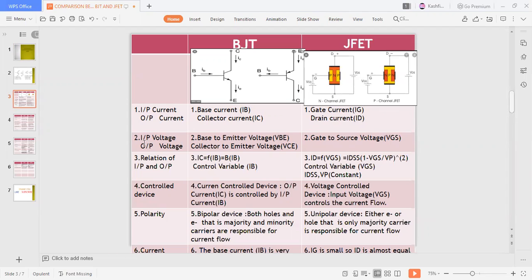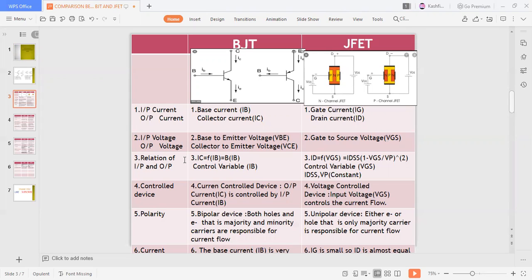Now in BJT, the input voltage is the base to emitter voltage VBE and the output voltage is the collector to emitter voltage VCE. For JFET, the input voltage is the gate to source voltage VGS. The relationship of input and output.